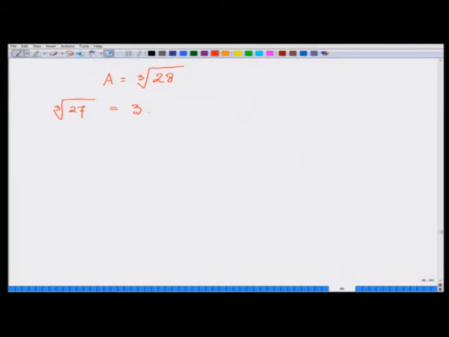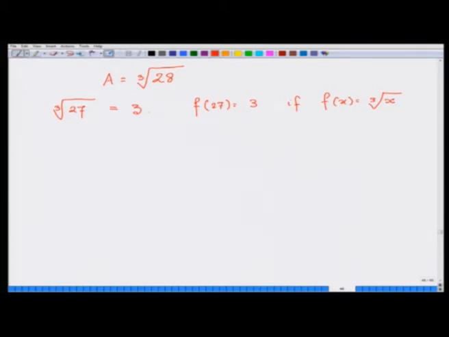So I know f of 27 is 3, if I set f of x as the cube root of x. So if f of x is the cube root of x, then f of 27 must be 3.